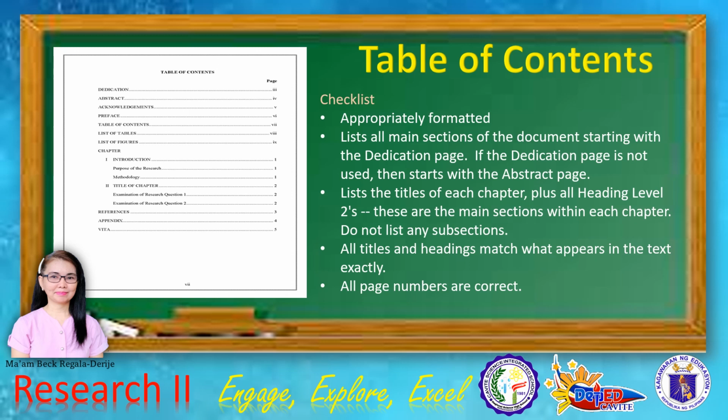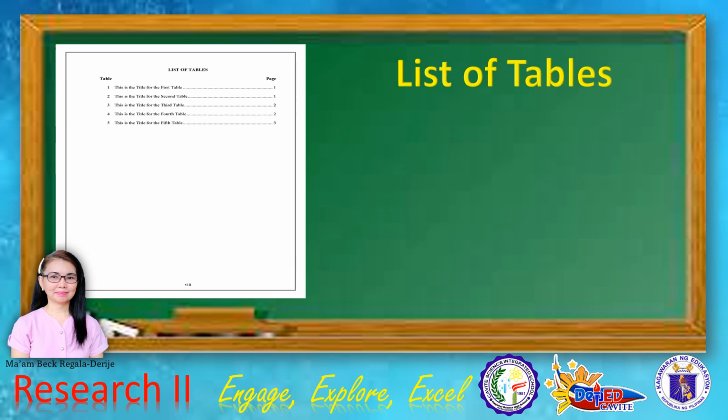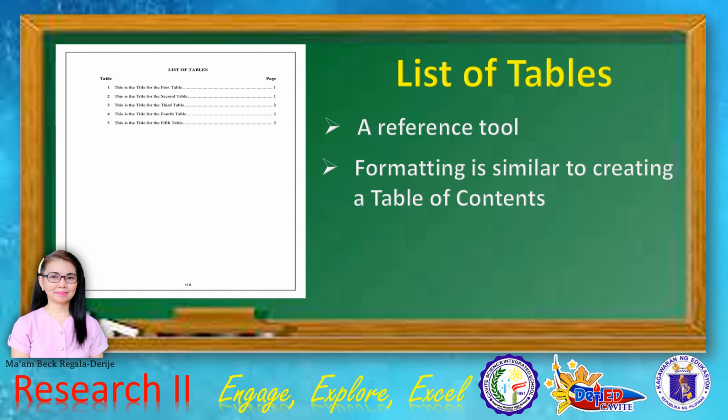Alright, so that's it for the table of contents. The next section is the list of tables. A list of tables is a reference tool that allows the readers to quickly and easily navigate to data in the research paper. Formatting is similar to creating a table of contents.